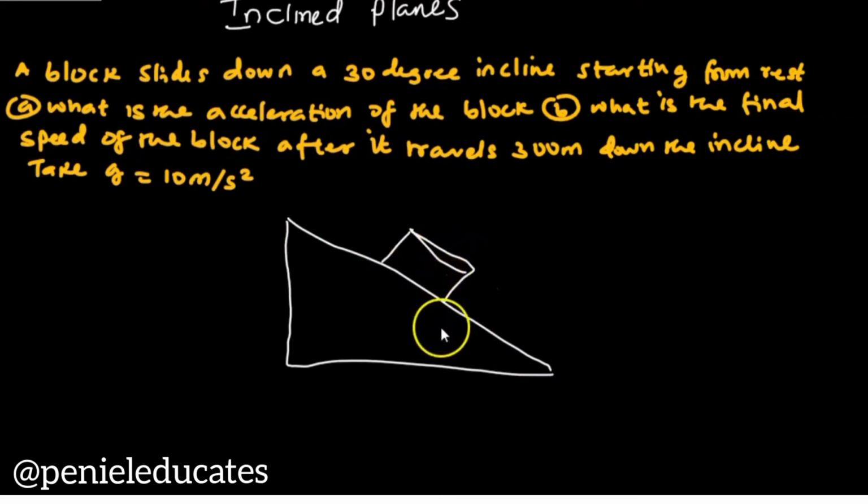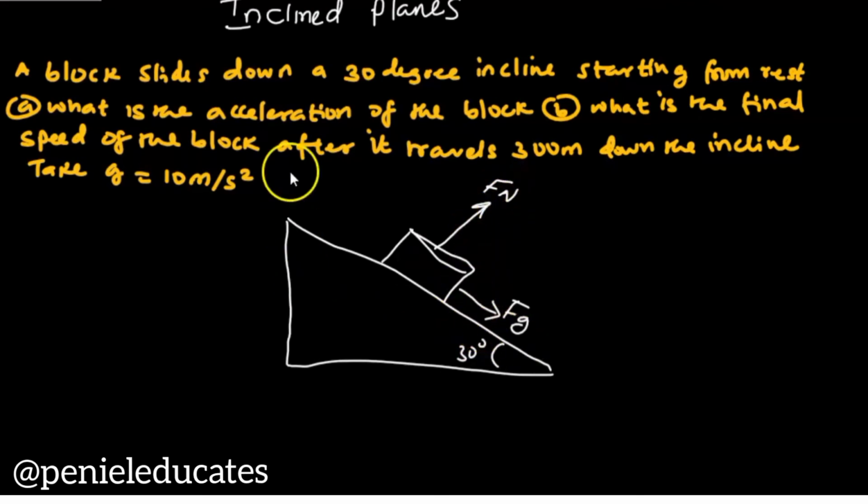You have 30 degrees, then it's starting from rest, slides down. So we have our component, which is the Fg, coming down. Don't forget, when you have it going down, the normal force is acting up.